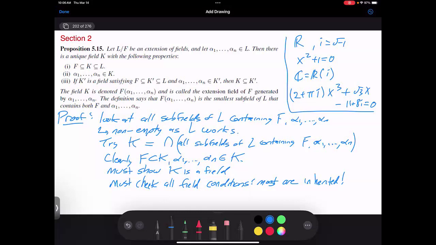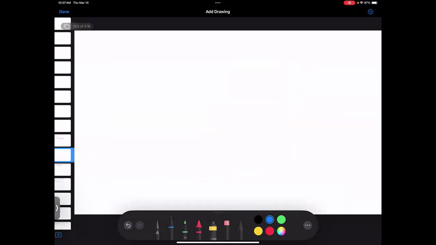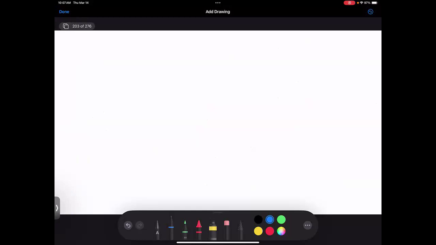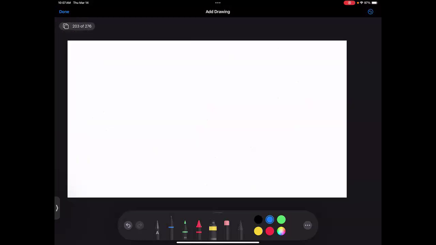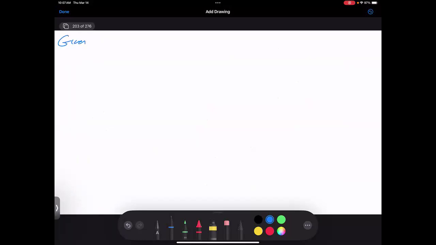Closure, right? You have to check and see, is it closed? If I give you the number 5, 5 has an inverse. It's just that the inverse is not necessarily in the space. So we have to show it's closed. Given x and y in K, are x plus y and x times y in K?